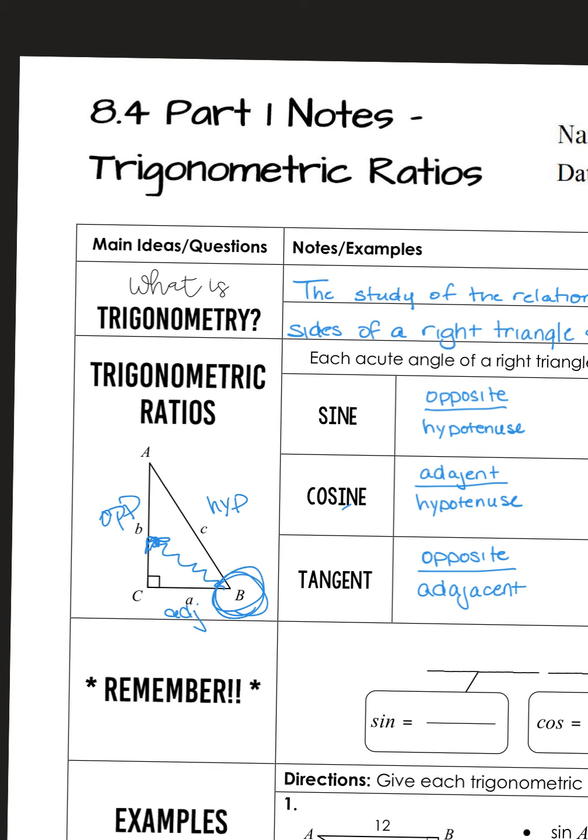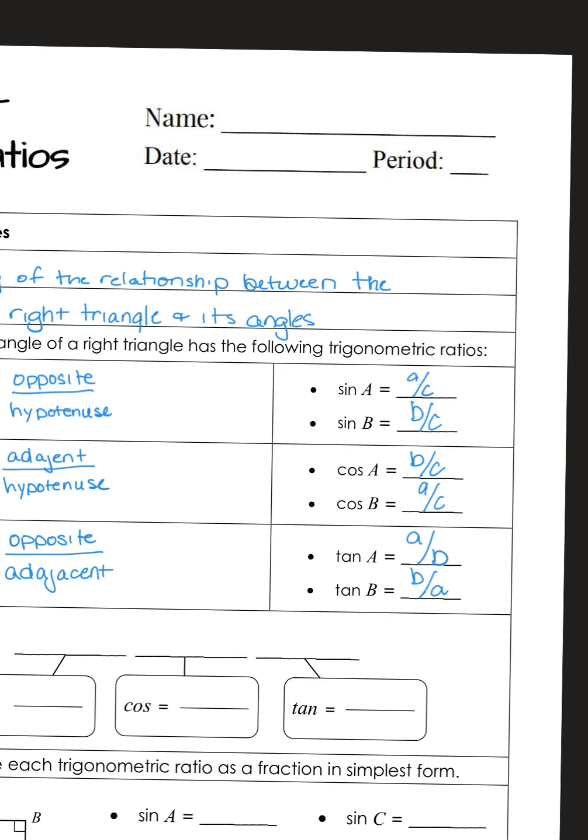So if I do sine now, opposite over hypotenuse, so it's going to be B over C. Adjacent over hypotenuse will be A over C. And then opposite over adjacent, again, opposite over adjacent. So that's going to be B over A. So hopefully that helps you put that into a little bit more context with what we've been doing.